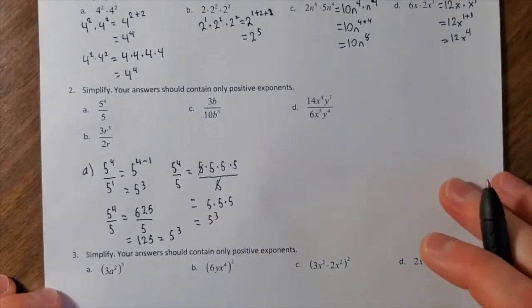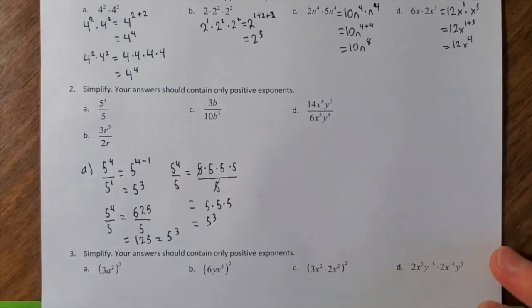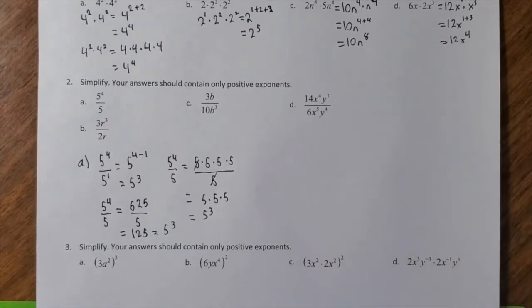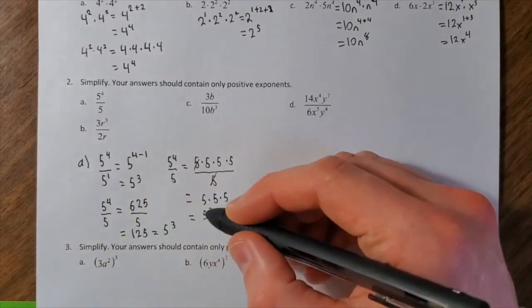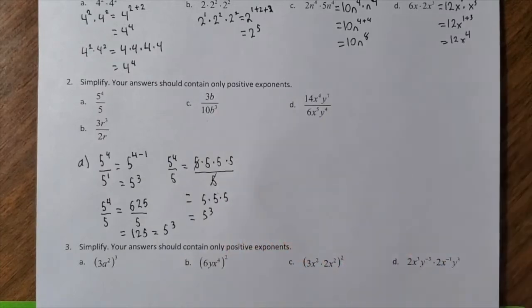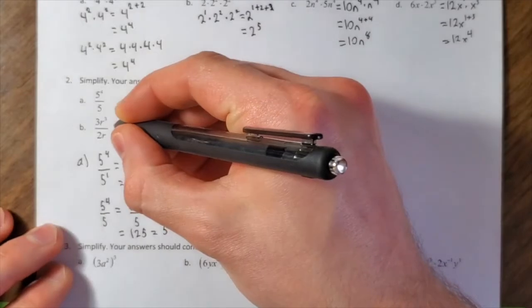So just a few different ways to look at that same problem there. They're all equivalent forms in solving it, but our final answer that we want to get every time is our 5 to the 3rd.